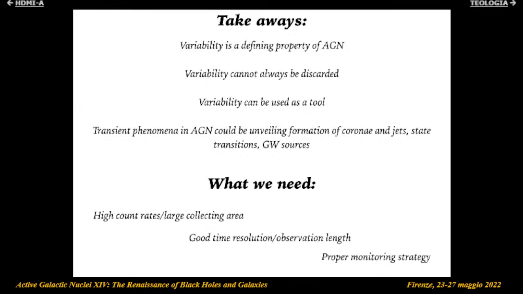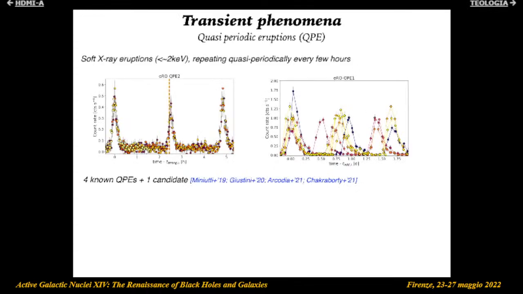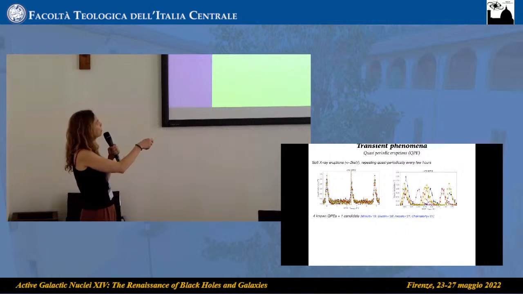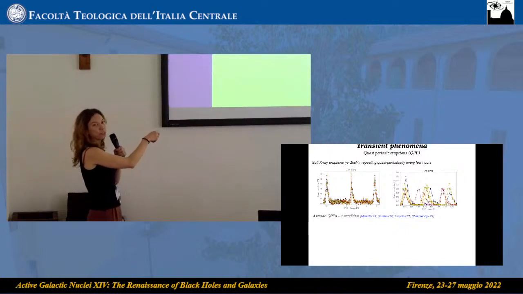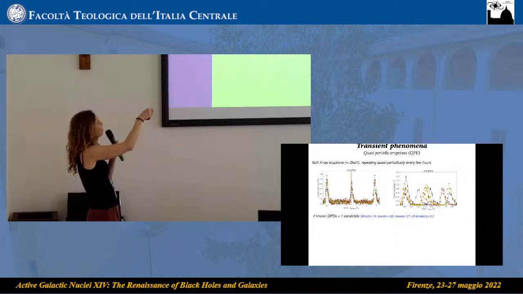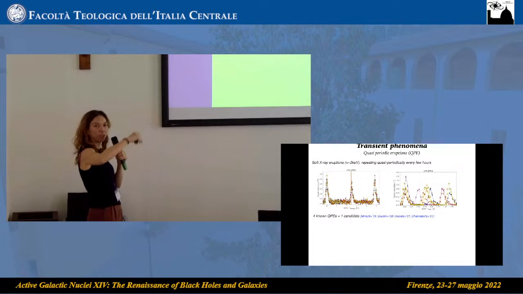Okay, so these are soft X-ray eruptions in the sense that basically we see them only in the soft band. And they repeat quasi-periodically, and they show these peaks of emission that repeat. So basically what has been observed in this source is that there is one large amplitude peak followed by a smaller amplitude one, and this pattern repeats.